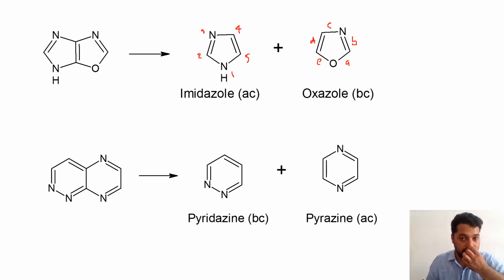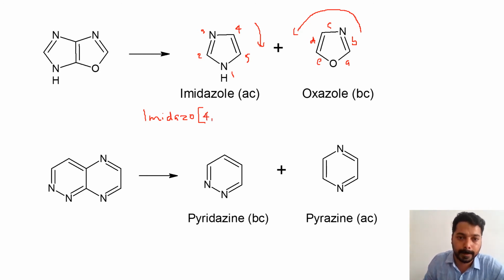So the name: the attached component is imidazole, in square bracket. Because ABCD is moving in this way, I take 4 5 imidazole, 4 5-d, 5-d oxazole.